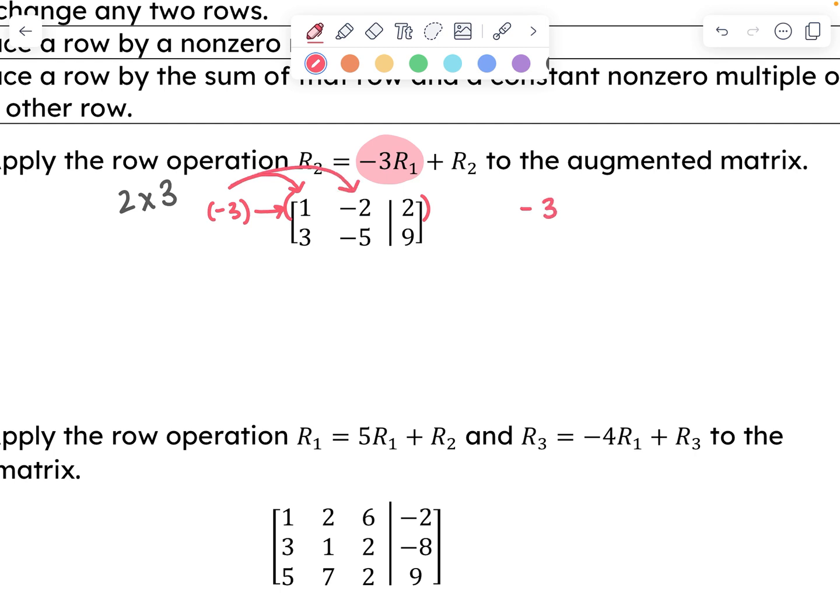Negative 3 times negative 2 would be 6. And negative 3 times 2 would be negative 6. Then I'm going to add to it R2, which is my second row. So plus 3, plus a negative 5, and plus 9.